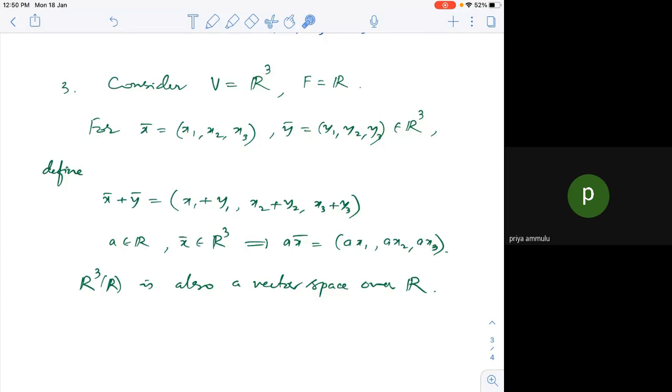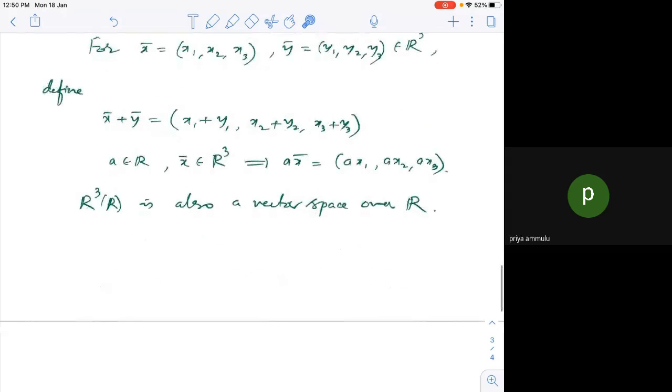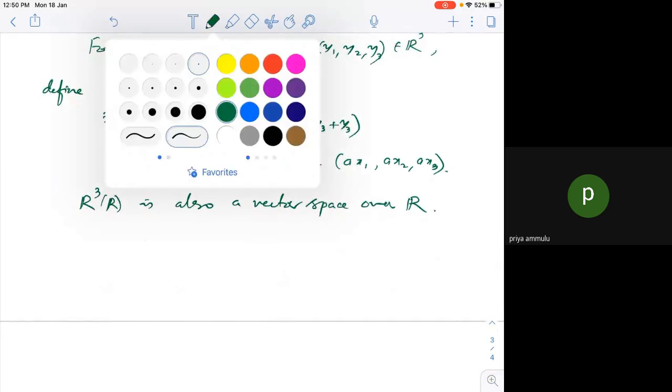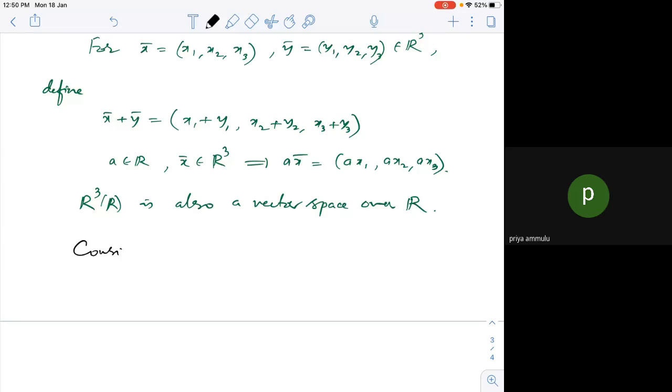And sometimes it so happens that some subsets of this R cube are also going to enjoy the same set of properties as this bigger vector space enjoys. For instance, consider W to be the collection of all those (x1, x2, x3) belonging to R cube such that x1 plus 2x2 plus 3x3 is equal to 0.